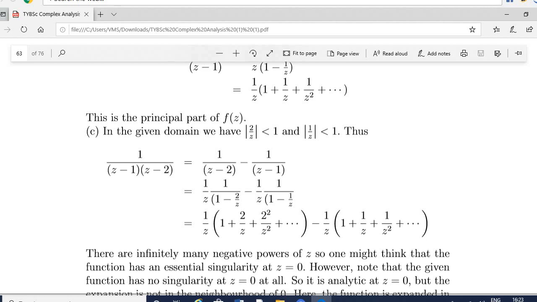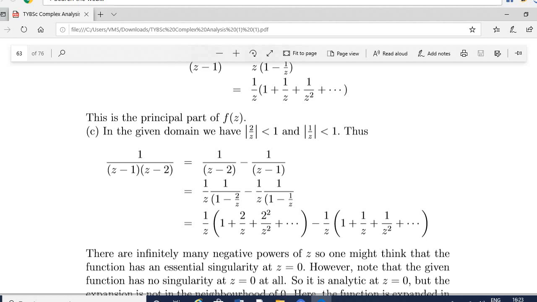So this fraction 1 over (z minus 1)(z minus 2) is written as 1 over z minus 2 minus 1 over z minus 1, partial fraction. Then from the first bracket, from the denominator, z is taken out. So you get 1 upon 1 minus 2 by z. 1 by z outside again, 1 upon 1 minus 1 by z.